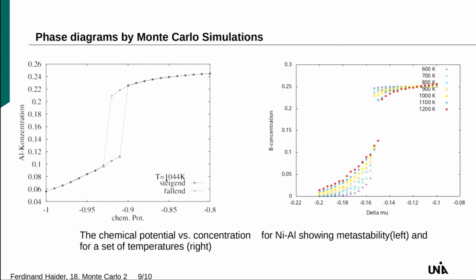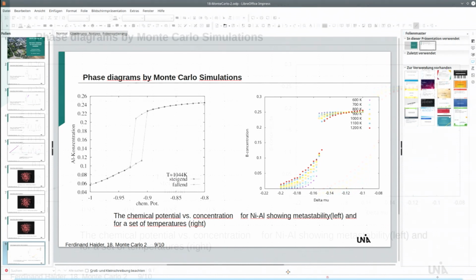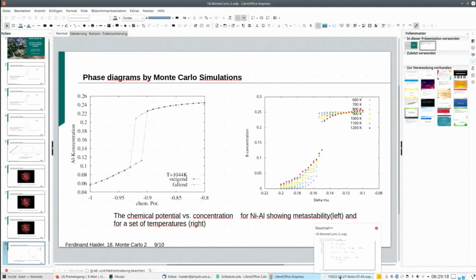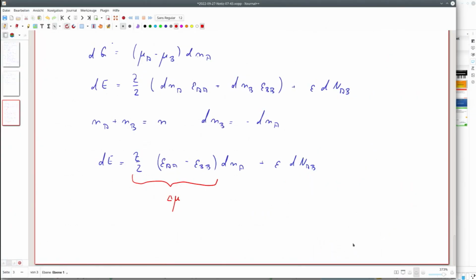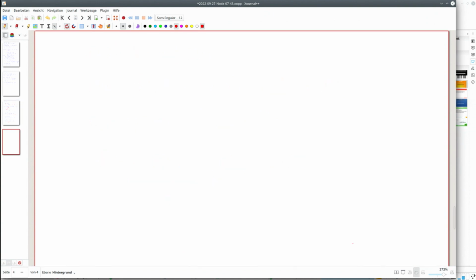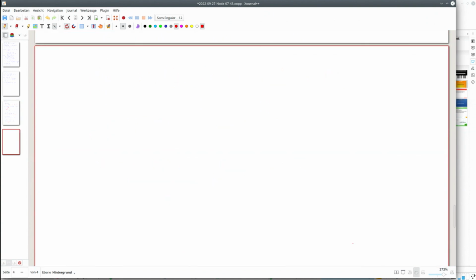I forgot to mention one point which is important for this nickel-aluminum system. Guru mentioned it yesterday very briefly, and perhaps I should explain it shortly here. What I typically do is to use interaction not only to the next neighbor, as I did here in these sketches.